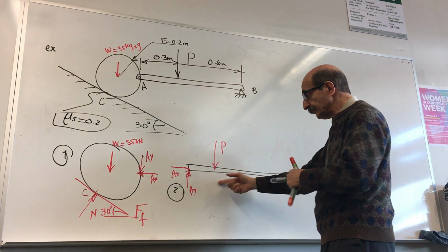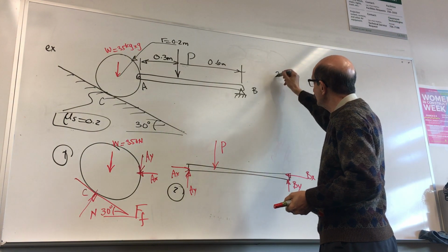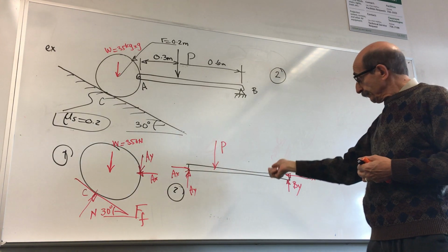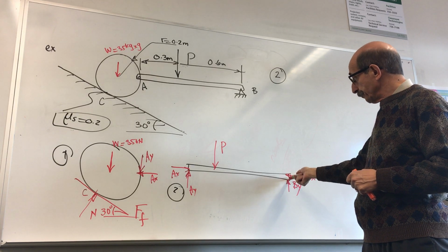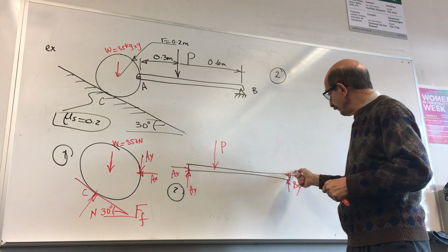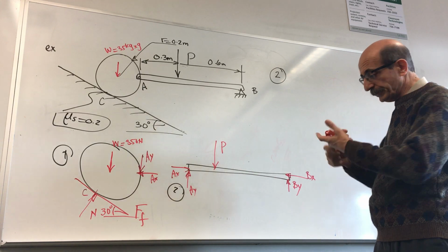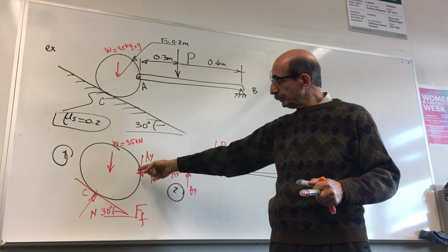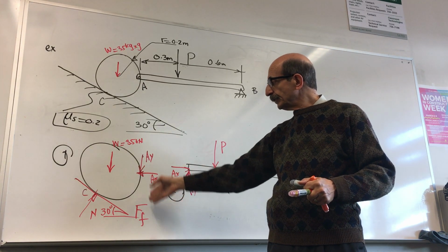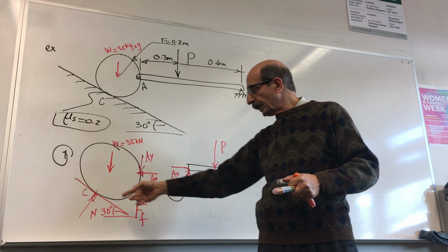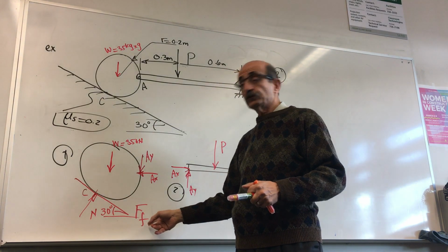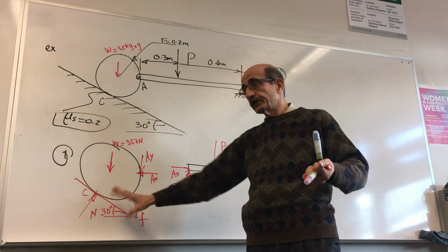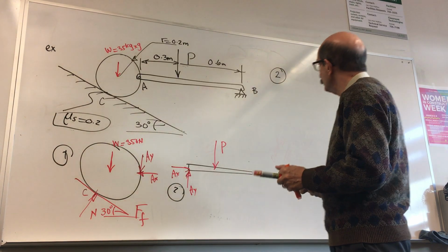I will start with this free body diagram, since I can easily see that if I take summation of moments about B, these forces are not going to appear, and I can find a relationship between P and AY. And if I go to the other free body diagram, just by taking summation of forces along Y, I can find N, which F is also related to, so you have only one unknown here. So let's do that.